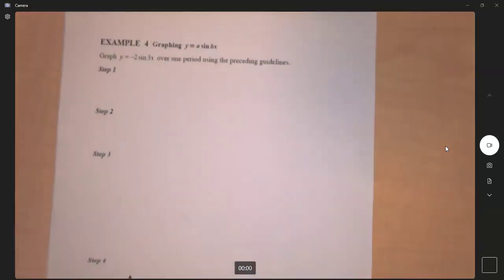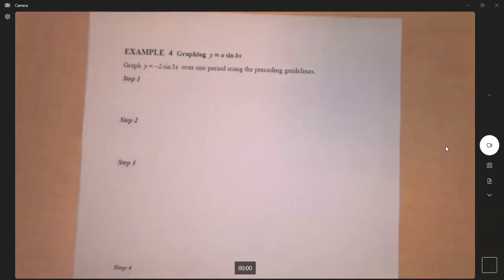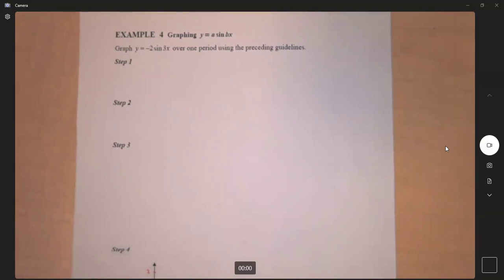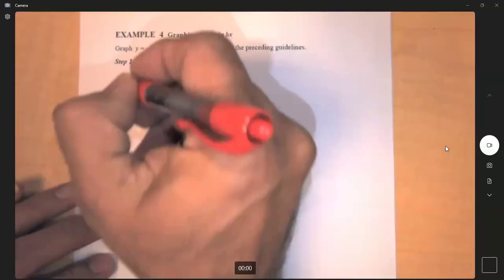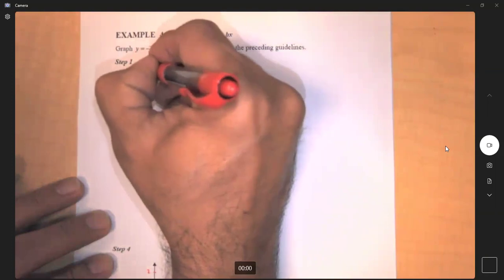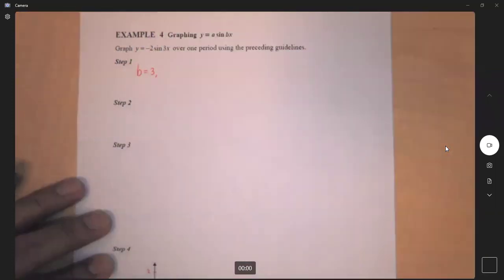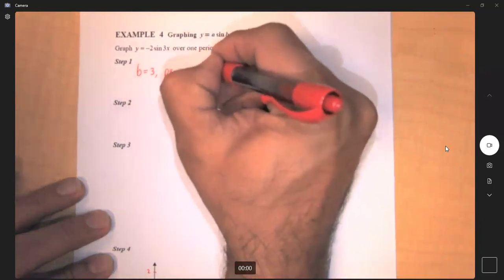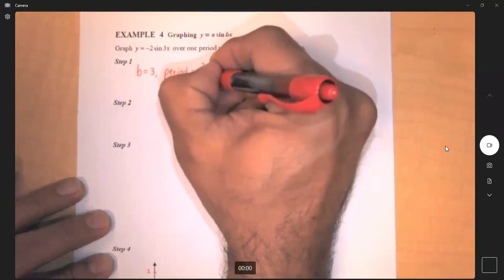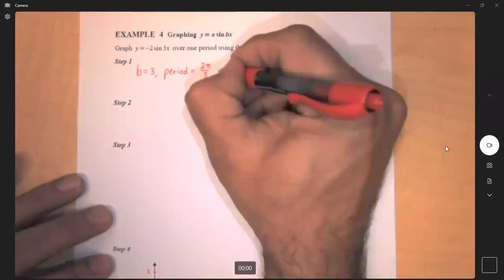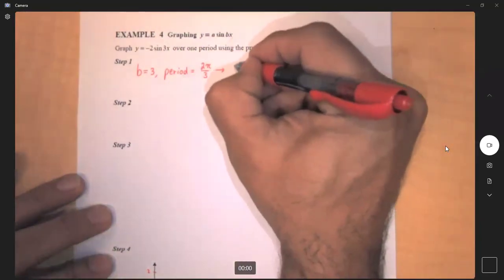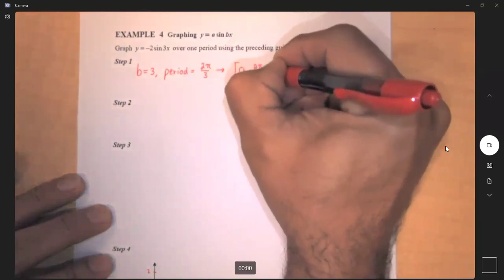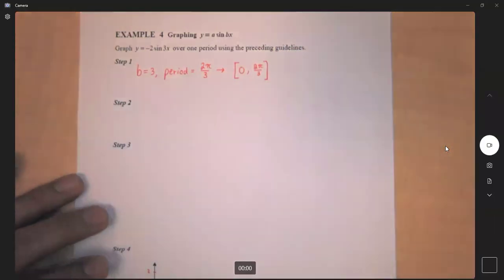All right, let's look at this one here. So this is just in general. So -2 sine 3x. The B value for this one is 3. So the period is 2 pi divided by 3. Okay, so our period interval will be between 0 and 2 pi thirds, right?